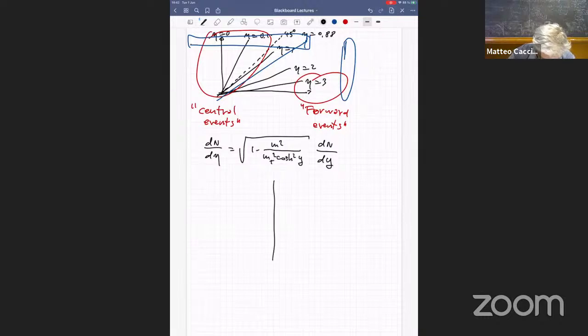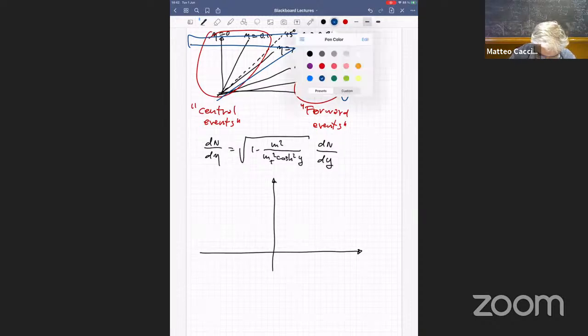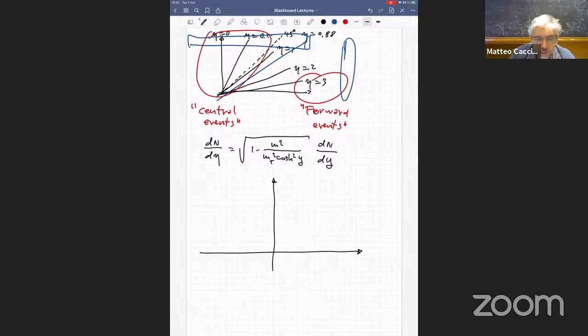And if you go and look at the distributions, a typical rapidity distribution is something like this. Sorry, let me do it again.